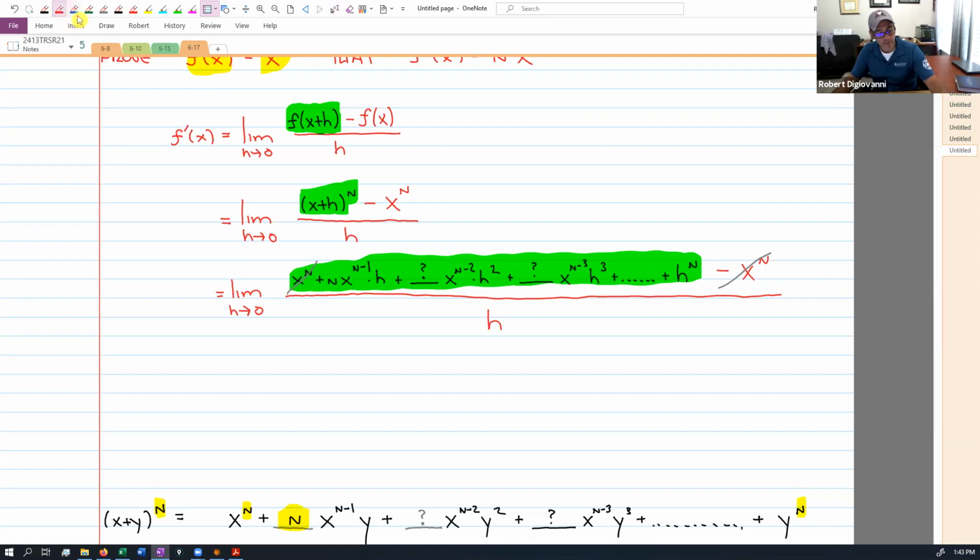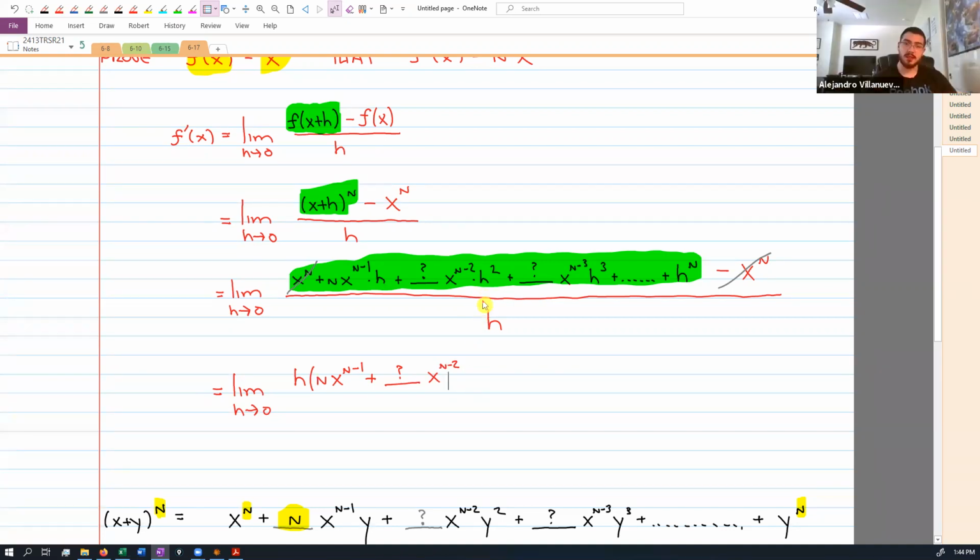So I'm now going to factor an h out of the top. If I factor an h out of this one, all I'm left with is n x to the n minus 1 plus some number I don't know, x to the n minus 2, and then what's the power on the h that's left here? 1h. It's just going to be an h. There we go.